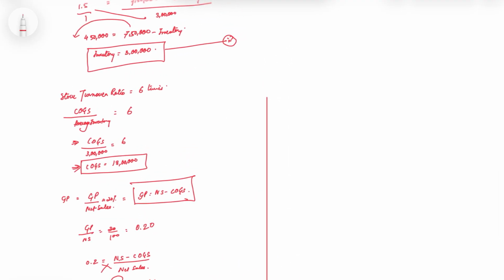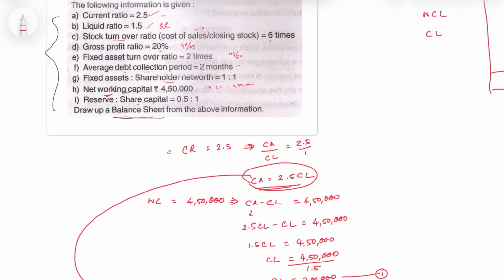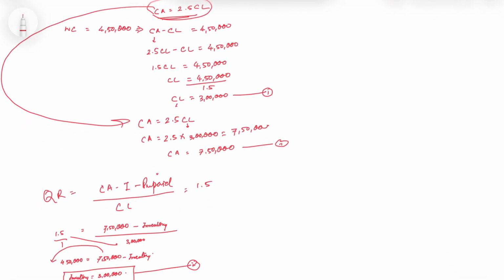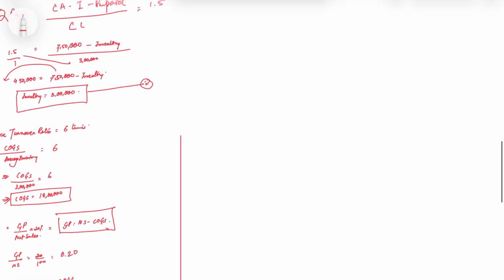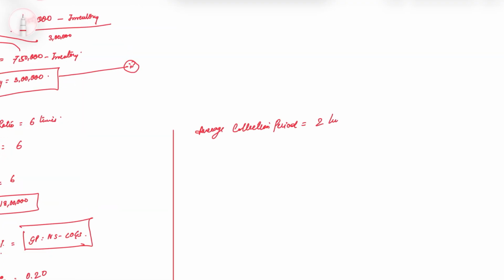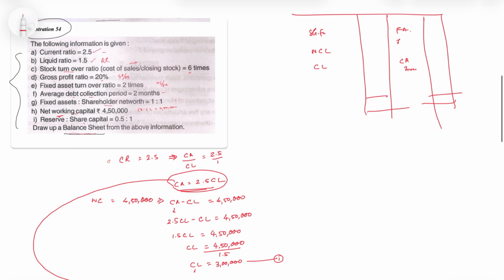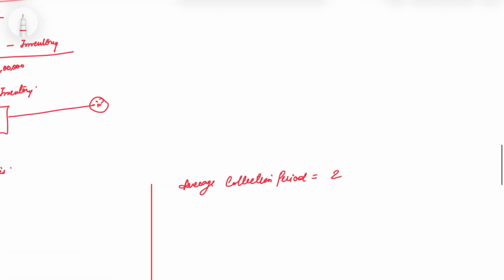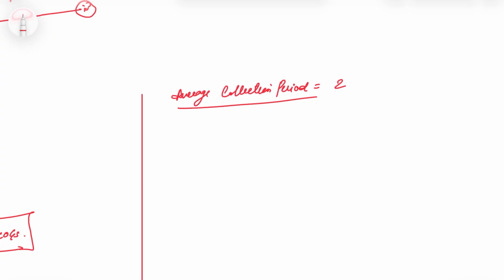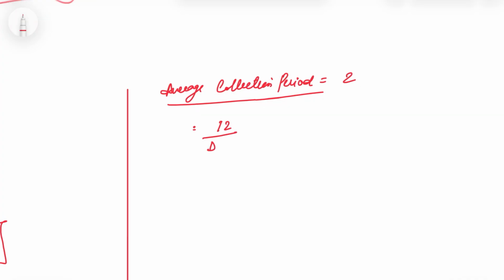Now next, the average collection period, which is 2 months. The formula for the average collection period is months in a year, 12, divided by the debtor turnover ratio. So 2 is equal to 12 divided by the debtor turnover ratio.